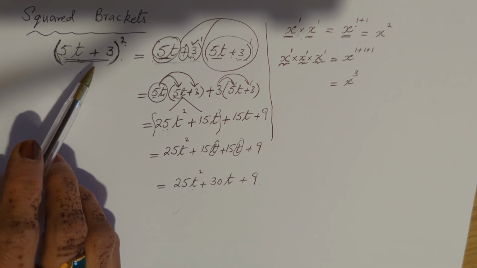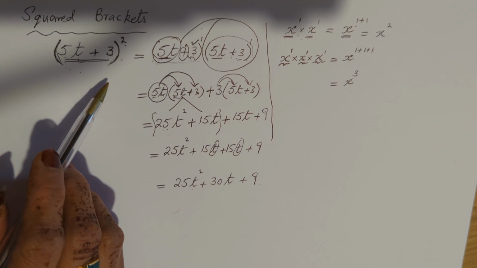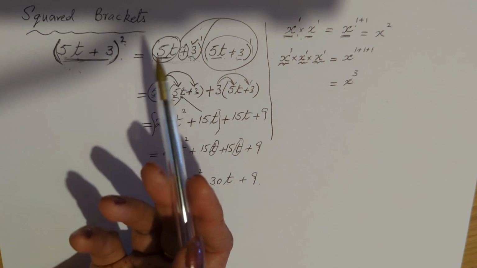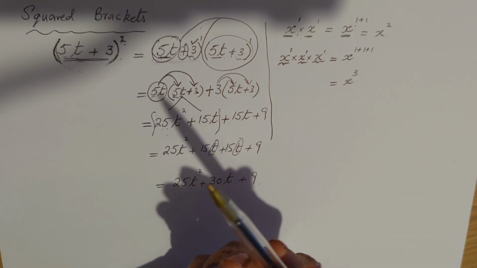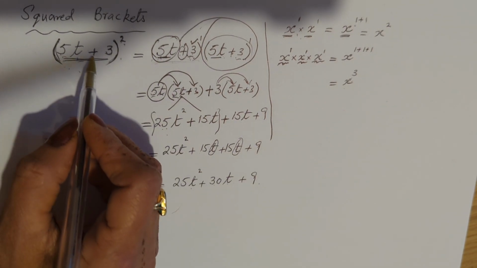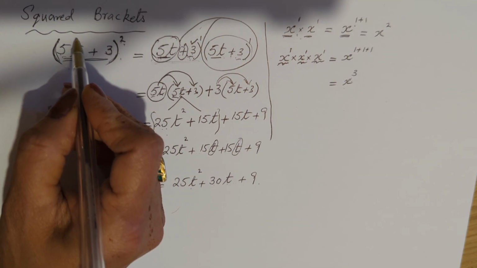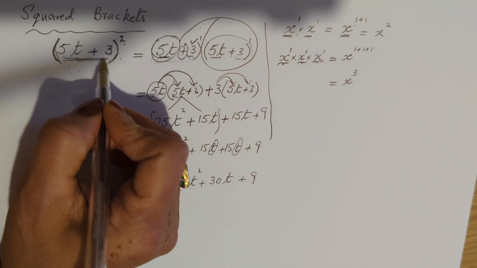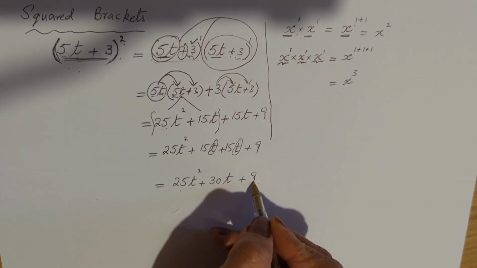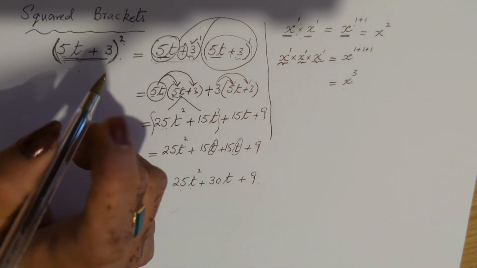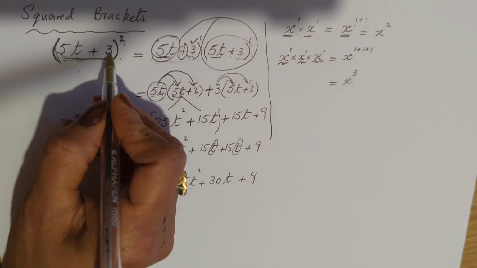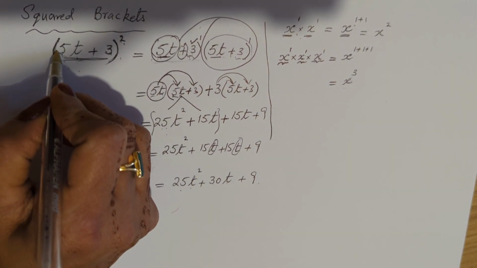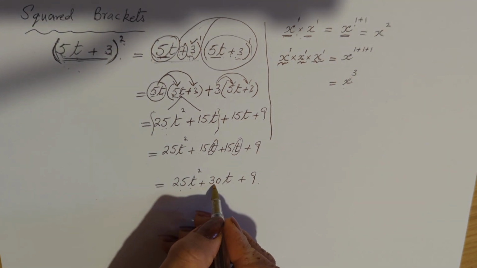First of all, you will understand how we will multiply, what is the procedure, what is the method that is going on. After doing practice, you can easily get it that 5t plus 3 whole square means whole square of this term, which will be 25t square, whole square of this term, which will be 9, right? 3 multiplied by 3, and then 5 multiplied by 3, it will be 15, 15t, and then it will multiply by 2, that will give you 30t.